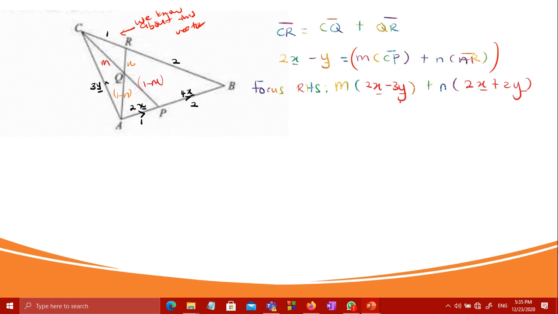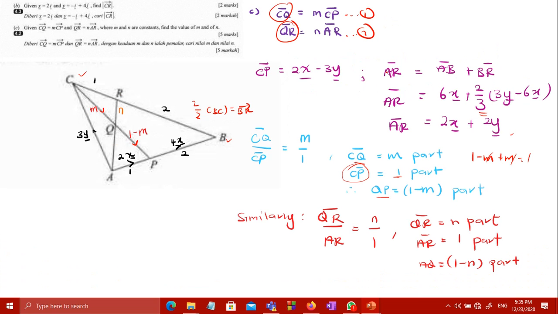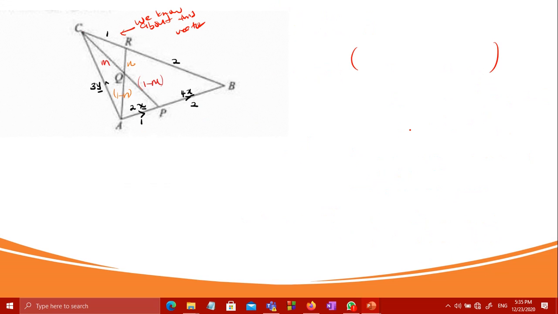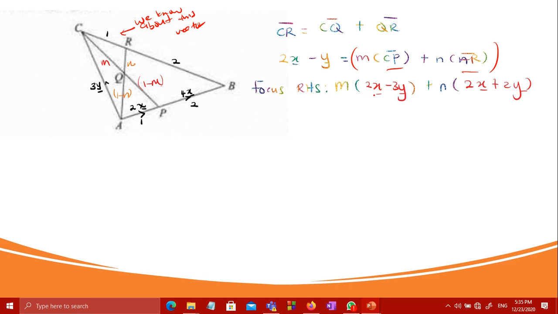And what is actually CP? Okay, CP, I already mentioned over here what we know, CP and also AR. So we substitute that into here, CP and AR. And we get like this, okay? So do not be surprised with that little thing, okay? We just get that information previously.